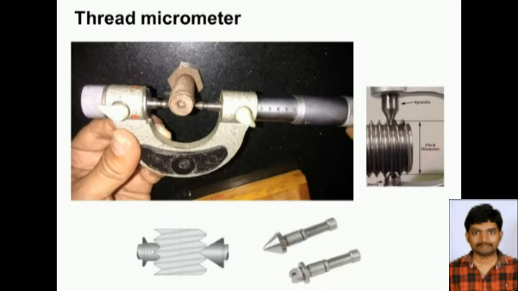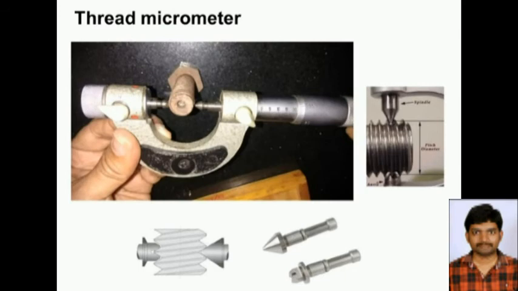Here is a spindle with a pointed end, and the anvil is placed at the other side. So the thread micrometer will directly give the pitch diameter. We can see the tips are not sharp, they are made flat. If they were very sharp, there is a chance that the point may touch the root.